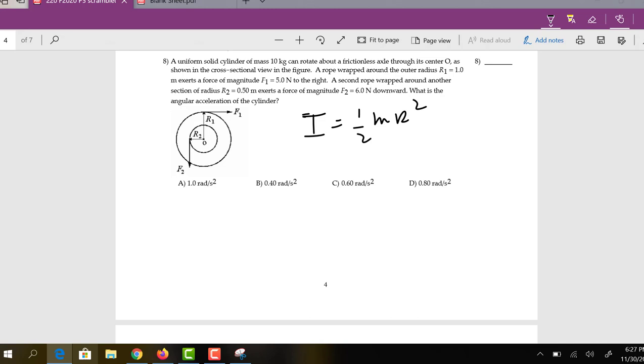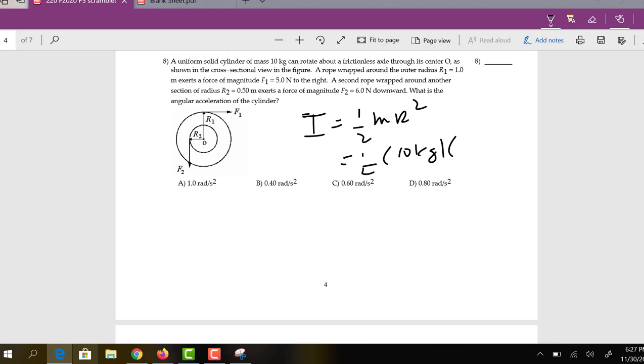So remember, the rotational world is just a little bit more work than the linear world. In the linear world, we would just be given the mass and be able to work with that. Here it's the mass and the shape, how big is the shape, and you can calculate the moment of inertia. So we could actually do that for this problem. We have 1/2 the mass, 10 kilograms, and then the size of the thing.